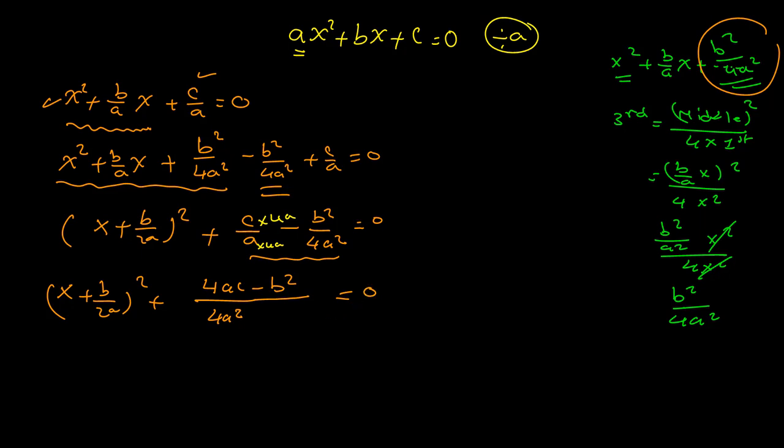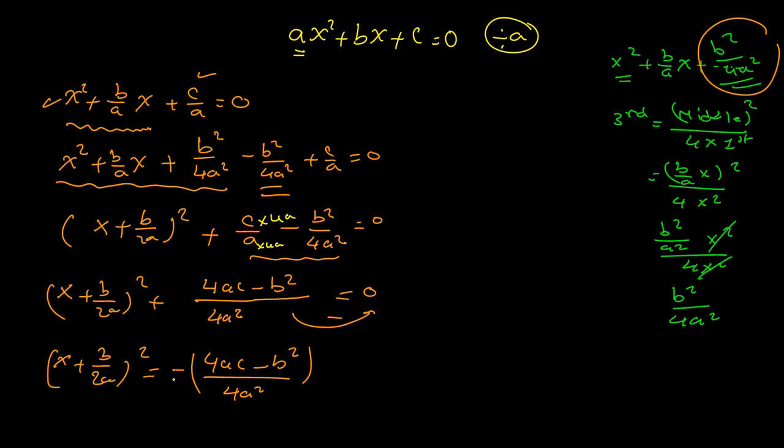Now let's move this part to the other side of the equation by the opposite sign, which is negative. So I'm going to have x plus b over 2a all to the power of 2 equals negative the 4ac minus b squared over 4a squared. So now this negative, I need to remove it, so let's multiply it to the numerator.